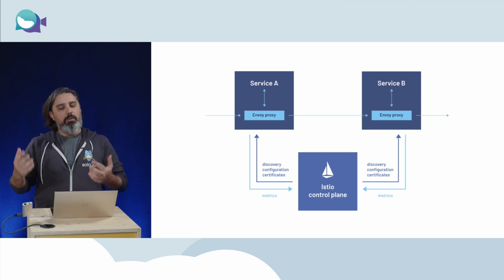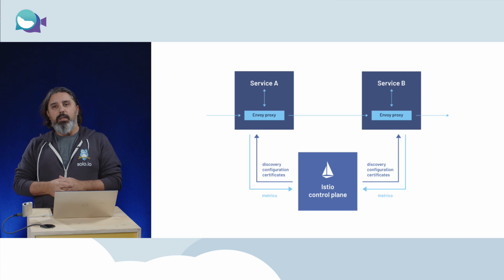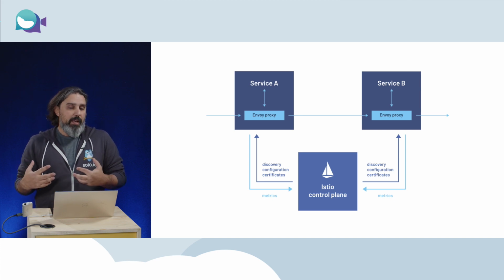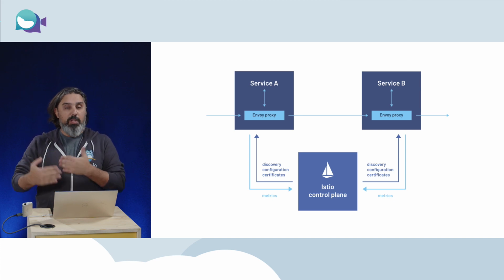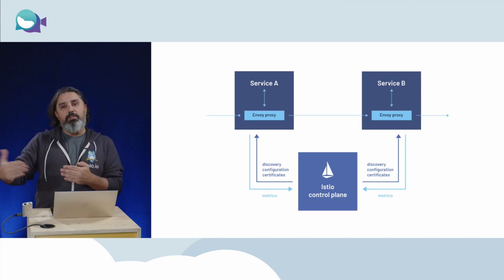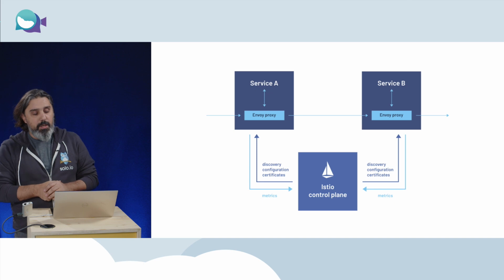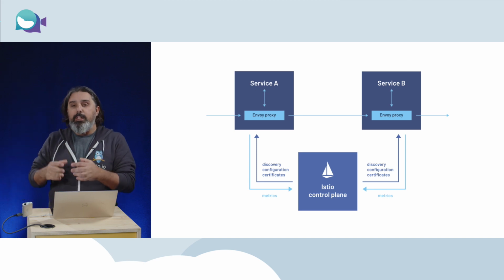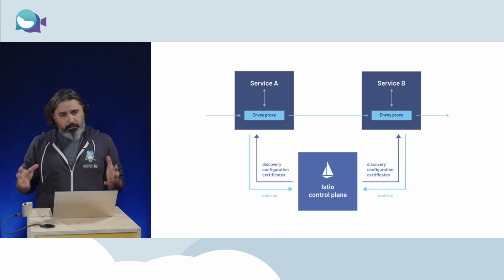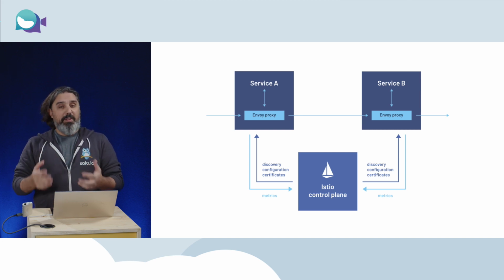Istio leveraged this capability of Kubernetes, having an admission controller and a mutating webhook, to modify your workload definitions, your pod definitions, by adding an extra container to it. It's all nice and well. What can this container do?